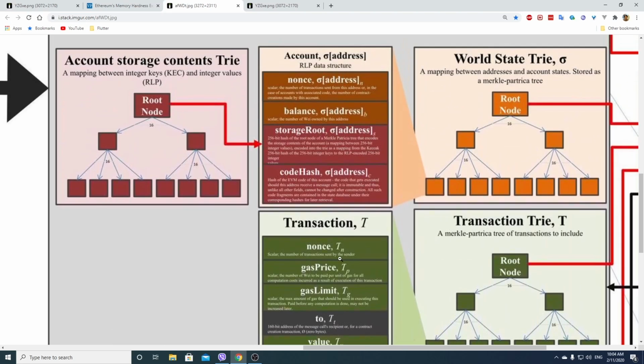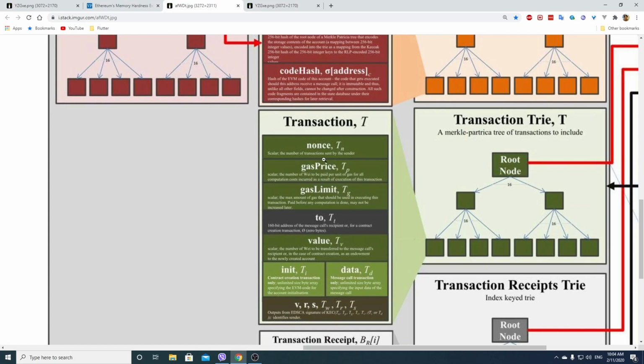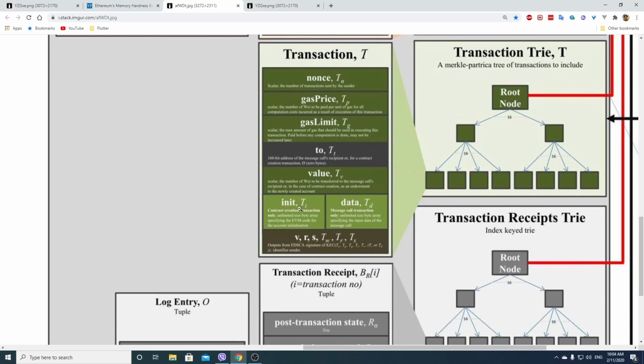Then the only thing we have left is the transaction. So the transaction, we have seen so many times, but it's worth seeing again. There's a nonce, which is the same as the account nonce of the account that has sent the transaction. Gas price, gas limit, where the transaction is sent to, the value of the transaction. And we have init or data.